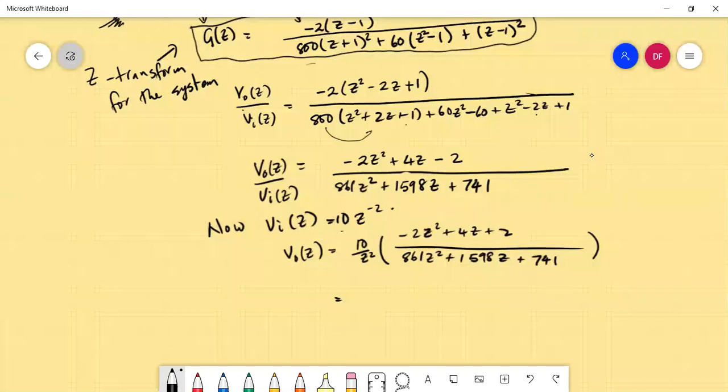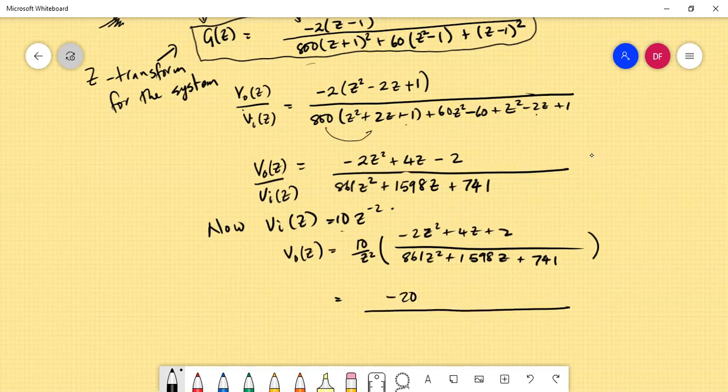So this is minus 20 Z squared plus 40 Z plus 20, and this should have been changed to minus.